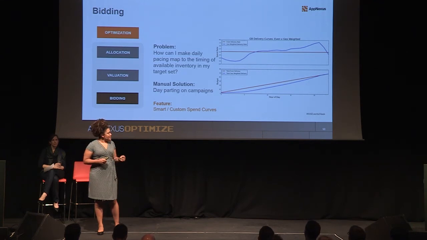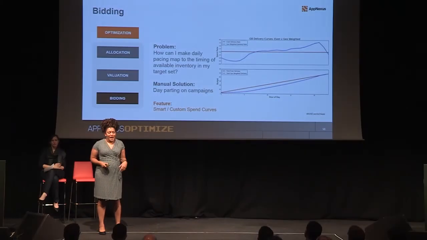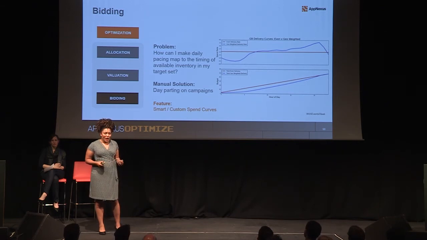But instead, the inventory availability for the UK actually looks a little bit more like this top graph here. With custom spend curves, we're actually able to go in and look at your business goals and say, hey, since you are targeting the UK, why don't we pace to the UK inventory availability curve? And that enables us to help you better reach your goals.